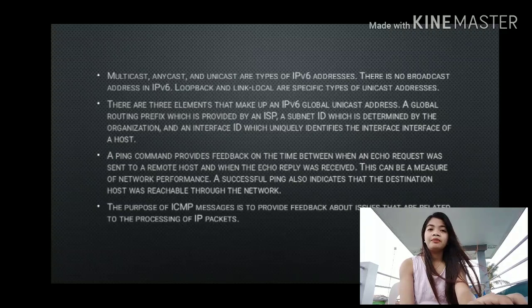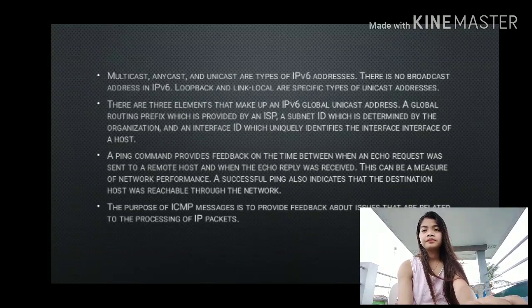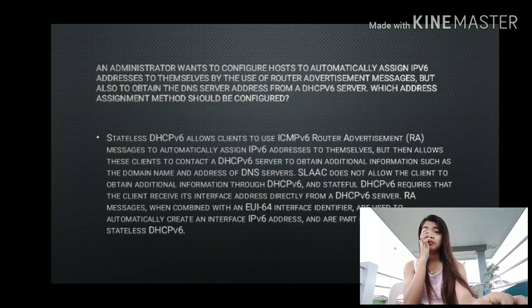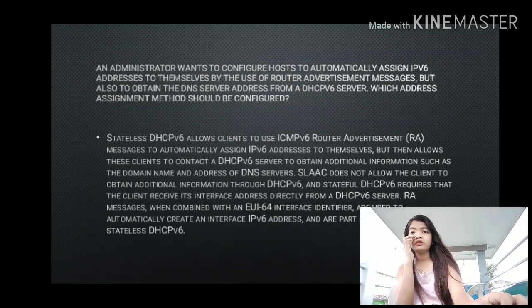When an administrator wants to configure hosts to automatically assign IPv6 addresses to themselves by the use of router advertisement messages, but also to obtain a DNS server address from a DHCPv6 server, which address assignment method should be configured?